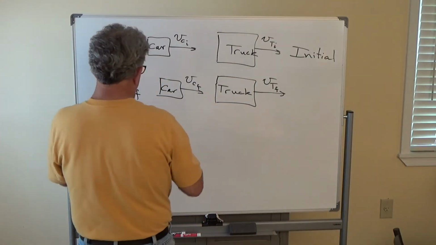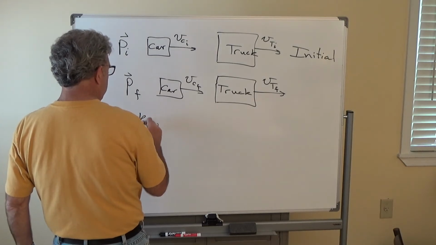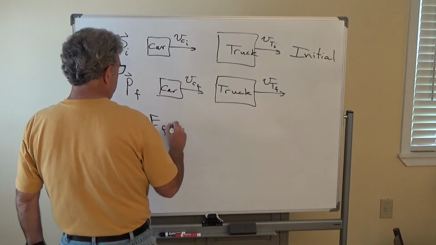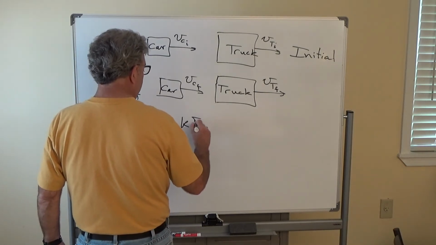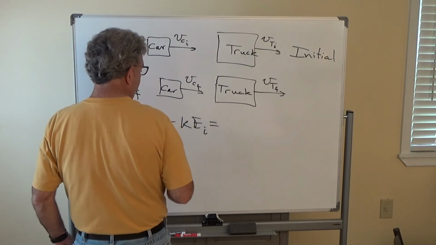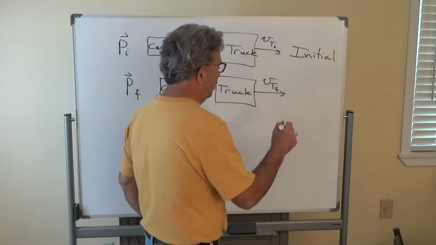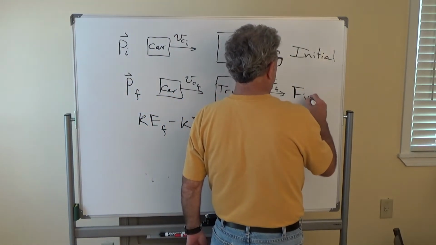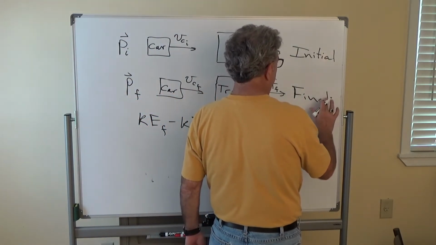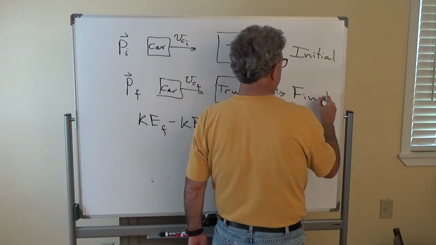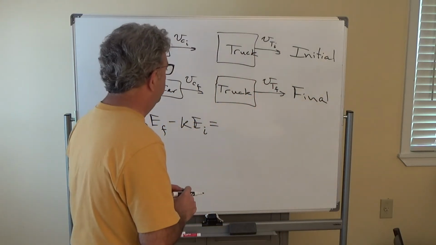So you look at KE final minus KE initial. That's going to give you something negative, and that's going to equal that change in the energy of the system. Okay.